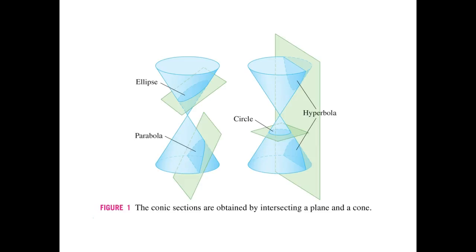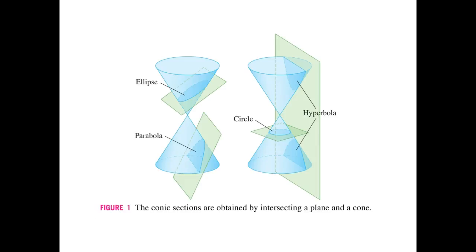Okay, the various shapes that we have here. If you have a plane that cuts perpendicular to the axis of the cone, and these have to be right circular cones, by the way, then of course that's going to give you a circle, of various radii.